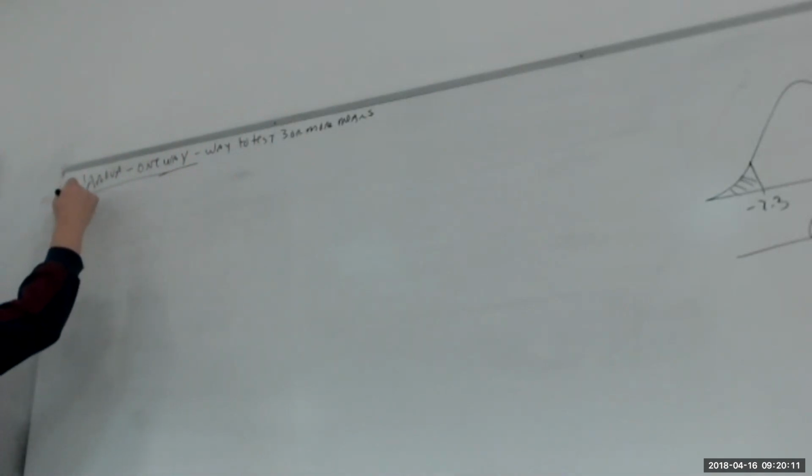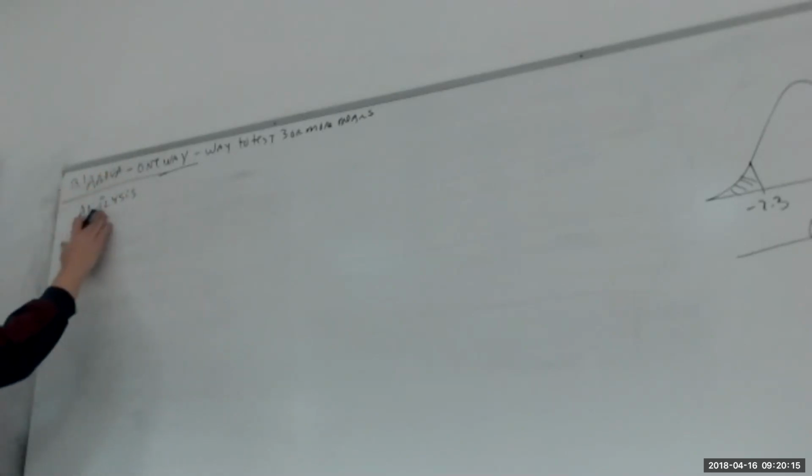Okay. Now, the word ANOVA is actually a weird abbreviation for the analysis of variance, VA. Now, the fact of the matter is, it's kind of a weird name.